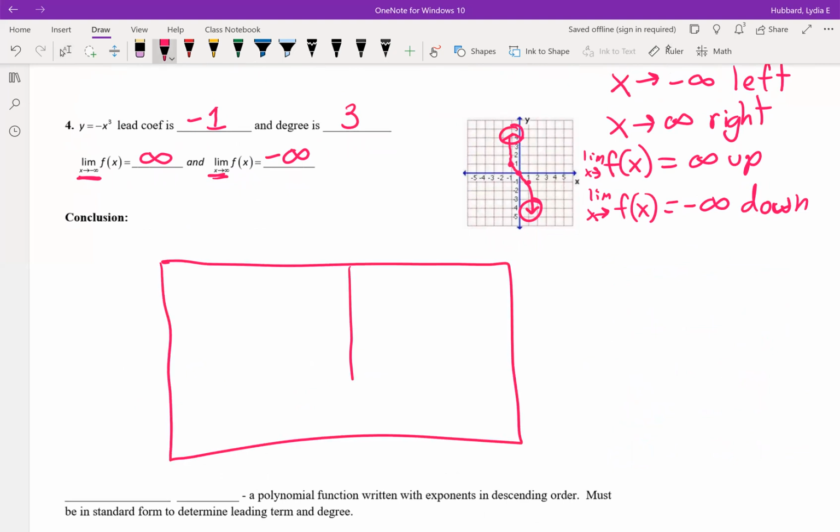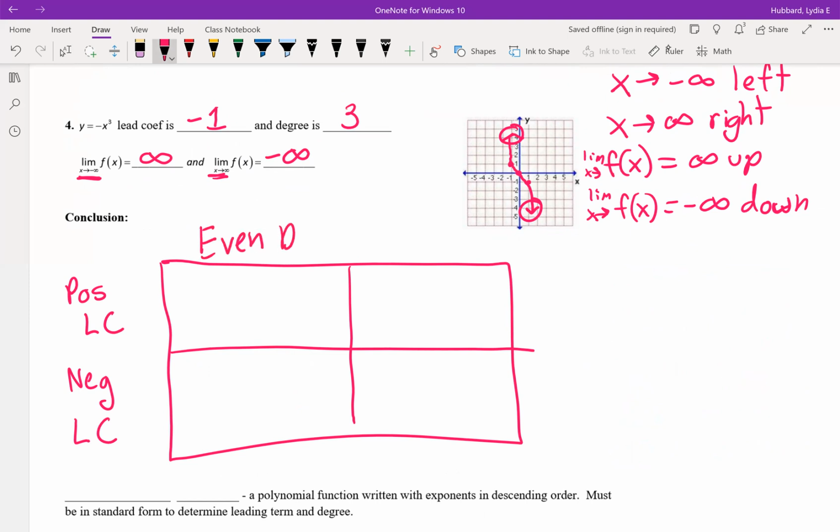We can have a positive leading coefficient. That's what I mean. Positive LC means positive leading coefficient, or a negative leading coefficient. And we can have an even degree, or we can have an odd degree.